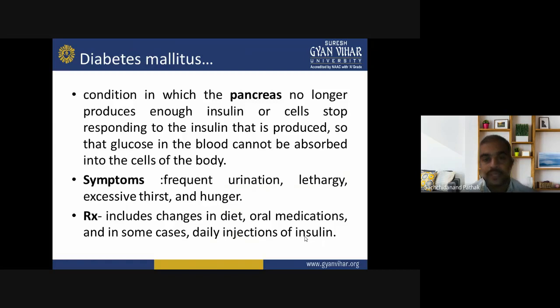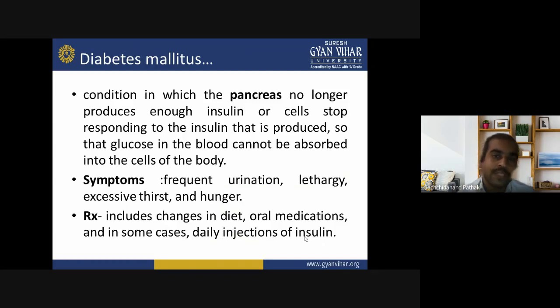And this glucose cannot be absorbed into the cells of the body because the cell is not responding to the insulin. And insulin is the only substance that will carry this glucose from the blood. That means inside the blood, glucose is higher in amount. If insulin will not carry this glucose from blood to the cell, definitely the amount of glucose in the blood will be high.